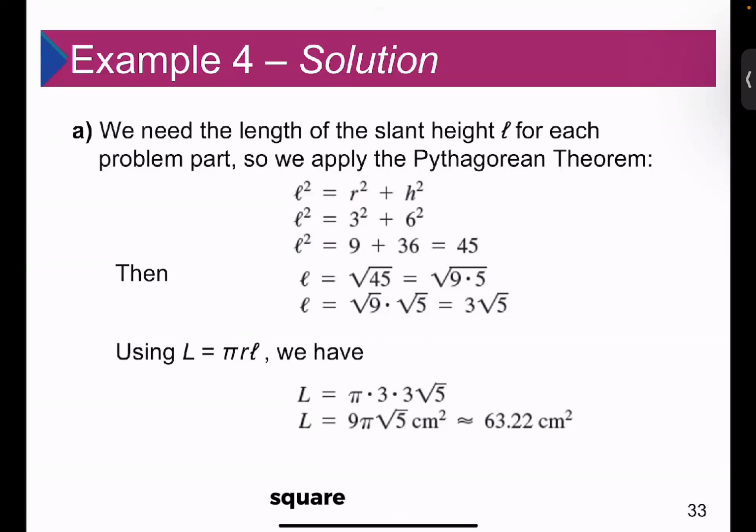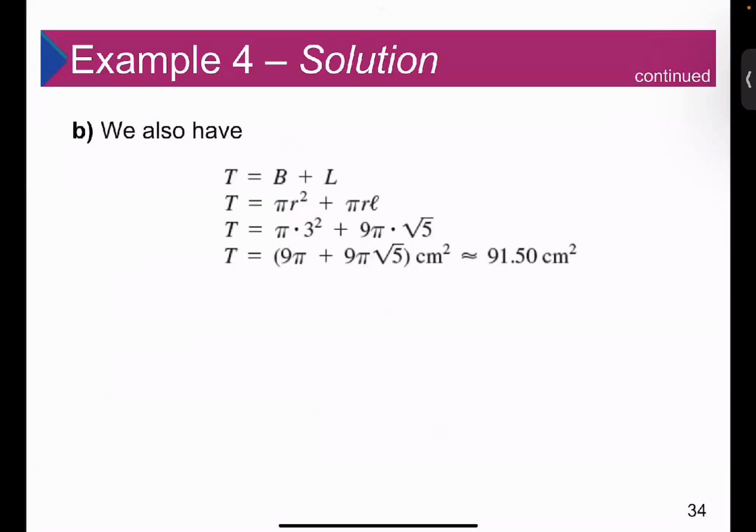63.22 square centimeters. We can also compute for the total surface area, equal to the area of one base plus the lateral area. So that would be pi r squared plus pi rL.